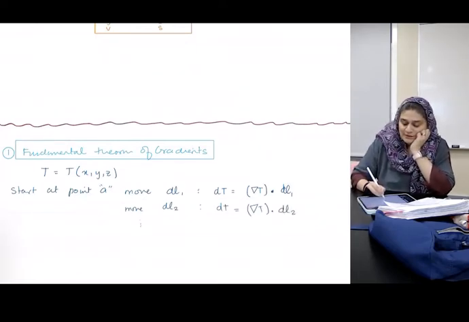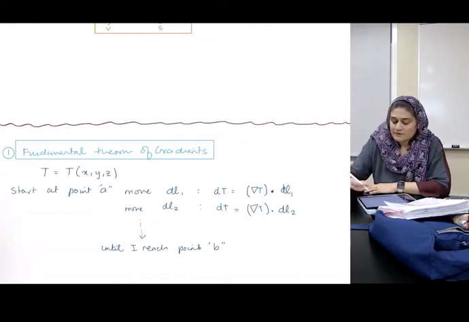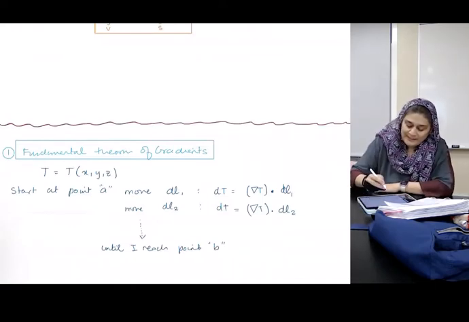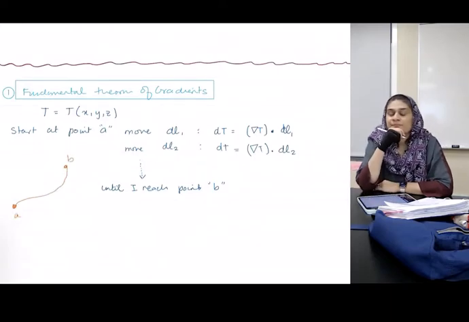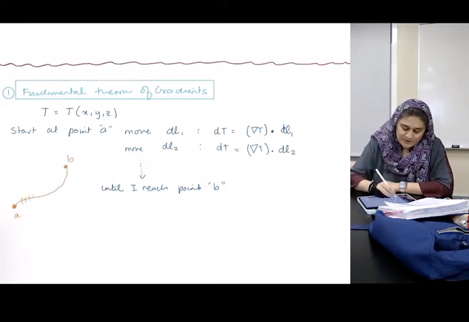Can this all continue until I reach point, say, B? So if I start at point A, I can make small changes until I reach point B. Is that true? Small, small, small, small changes.